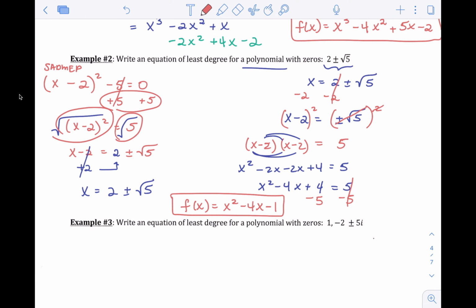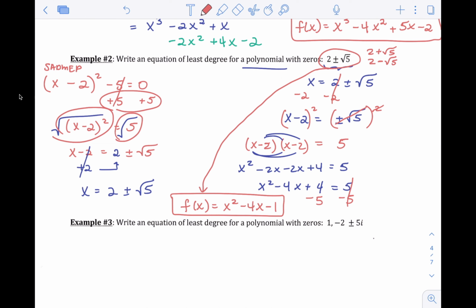Believe it or not, if you were to graph this function in the calculator, you would see x-intercepts at whatever decimals 2 plus the square root of 5 and 2 minus the square root of 5 represent.